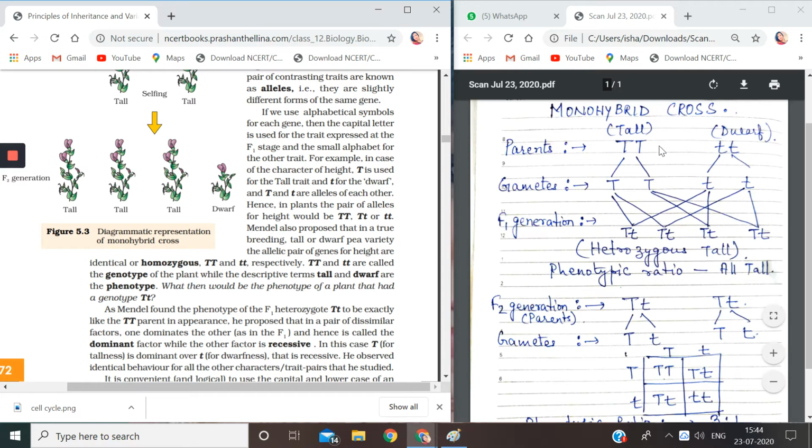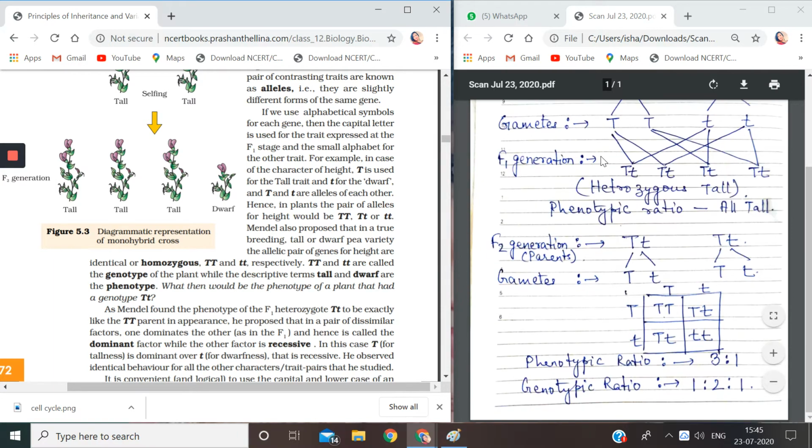Parents are homozygous tall and homozygous dwarf. Why homozygous? Because there are two alleles and both the alleles are capital T. So it is a homozygous tall. Similarly, both the alleles are small t, so it is a homozygous dwarf.